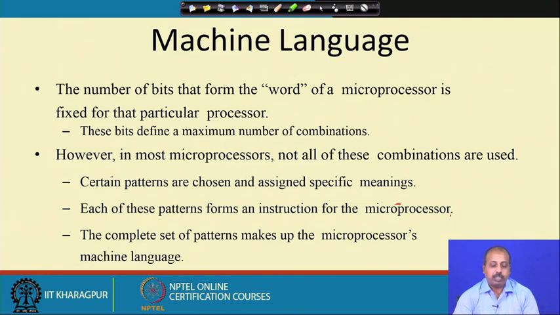But that is a huge number, and in most cases microprocessors will not use all these combinations. Even for an 8 bit word, a processor design may not use all the 256 combinations. Each of these patterns will be an instruction for the microprocessor, and the complete set of patterns makes up the microprocessor's machine language.